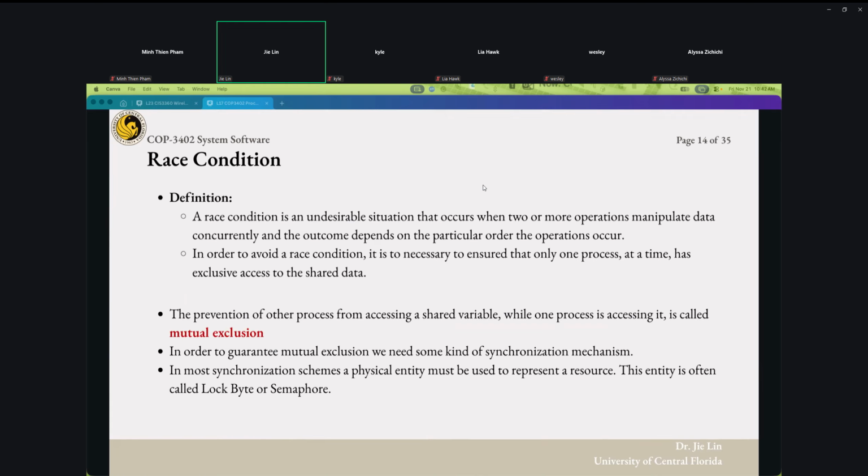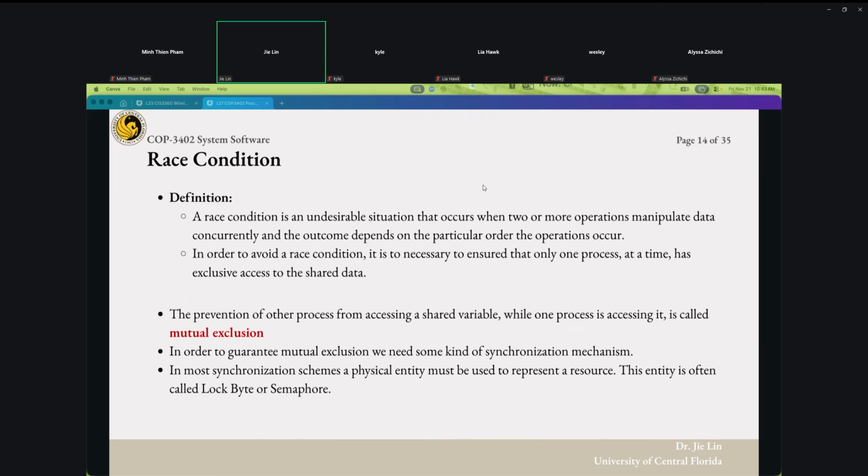By definition, a race condition occurs when two or more operations manipulate shared data concurrently, and the final outcome depends entirely on the order in which those operations happen. This is undesirable because the ordering is not under our control.